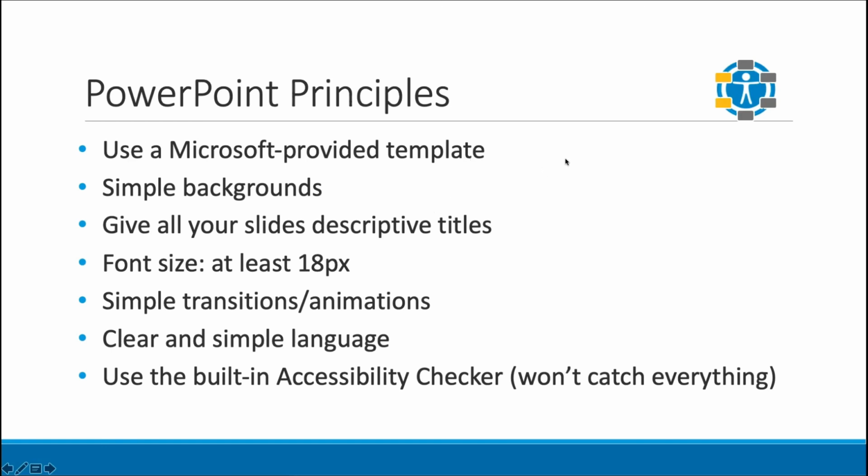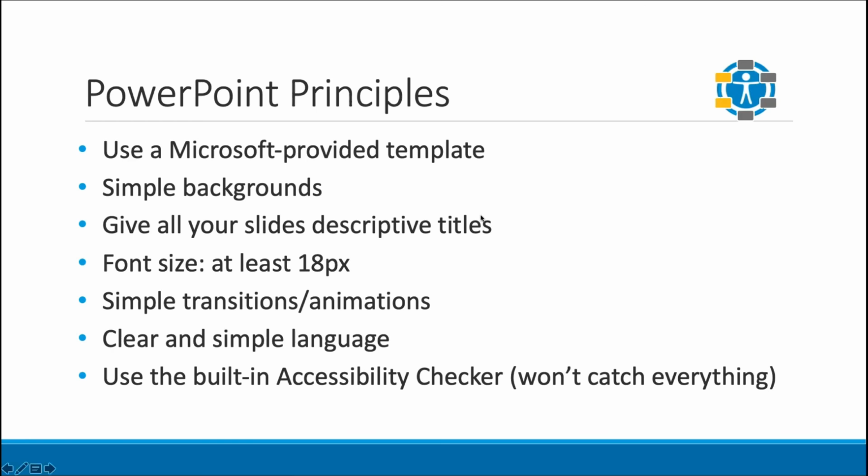Simple or plain white backgrounds. Again, don't do anything too complex that's going to make your layout very challenging to see. Give all your slides descriptive titles. This is one where I personally really need to work. I am really bad at this. I tend to usually just throw images up on a slide and talk about them, so I need to get better at that.